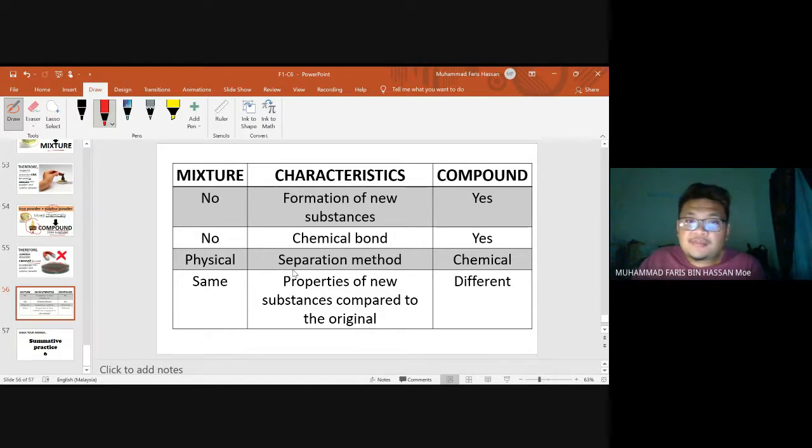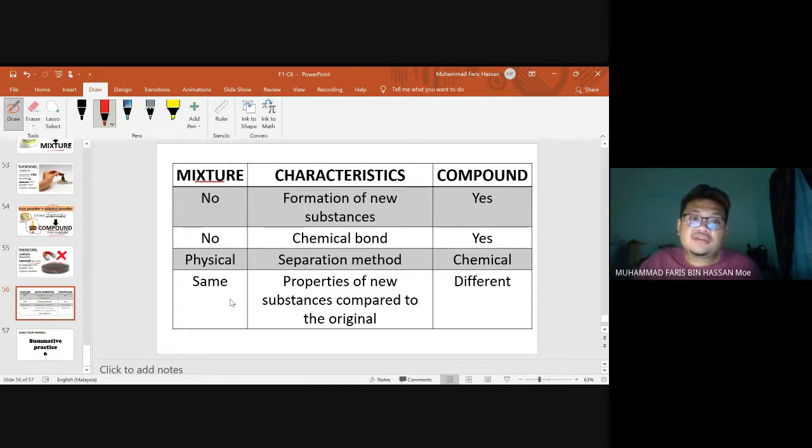For the separation method, we can use a physical method to separate the mixture, but the separation method suitable for the compound is only a chemical method, to be specific, an electrolysis process.